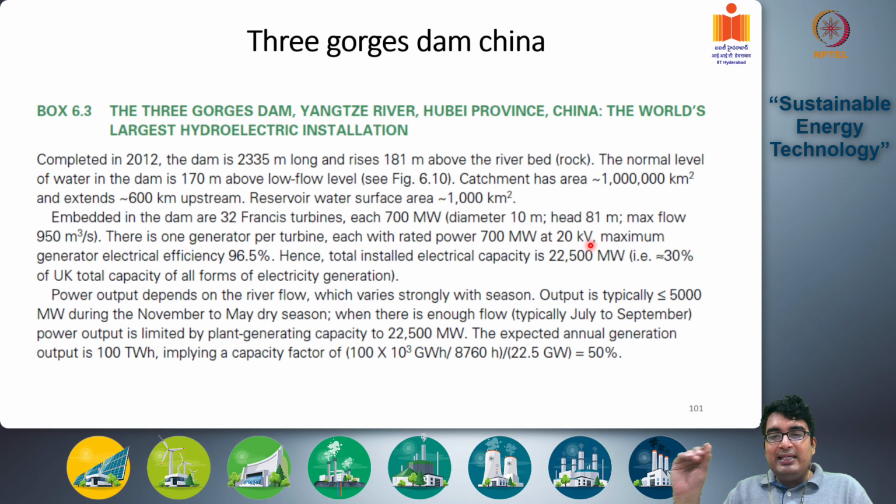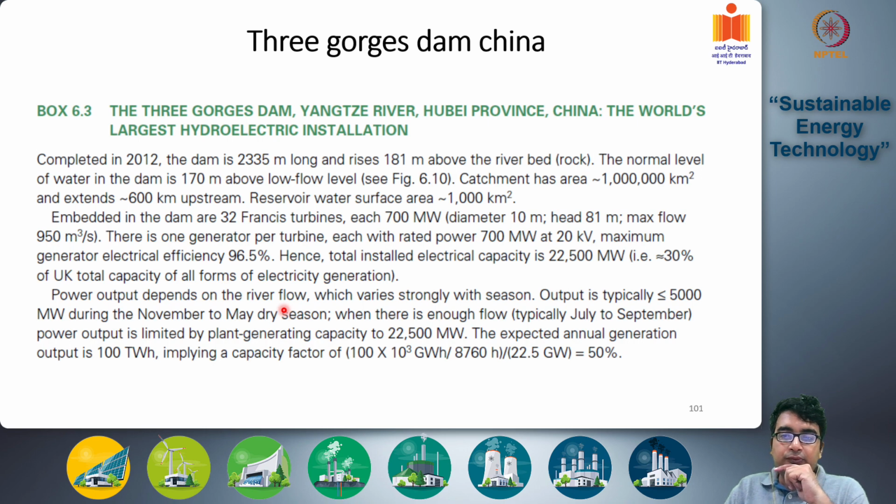So the total installed electrical capacity is 22,500 megawatts, that is 22.5 gigawatts, which is around 30% of the UK's generation capacity, just to give an example of the scale of electricity this power plant can generate. However, the power output depends on the flow of the river, which varies strongly with season.